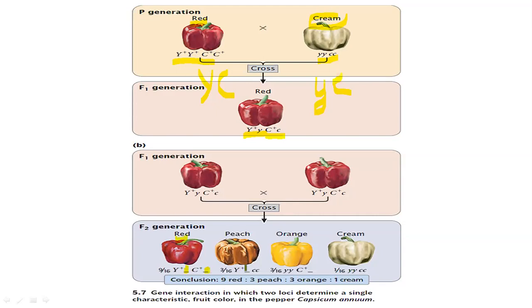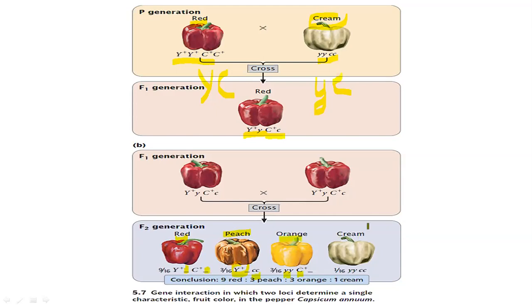But when there was only capital Y, either capital Y, capital Y or capital Y, small y, and the other was small c, the phenotype was peach in color. And capital C alone, with the pure homozygous recessive for small y, when only capital C was there, orange was produced.